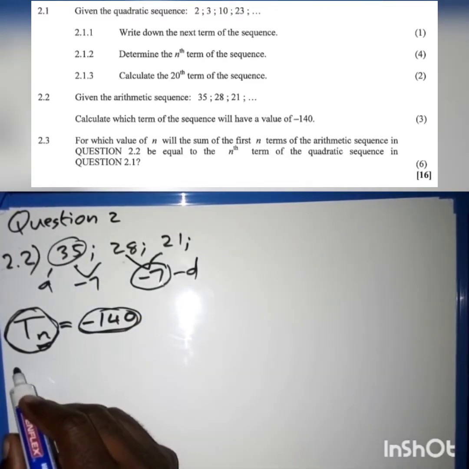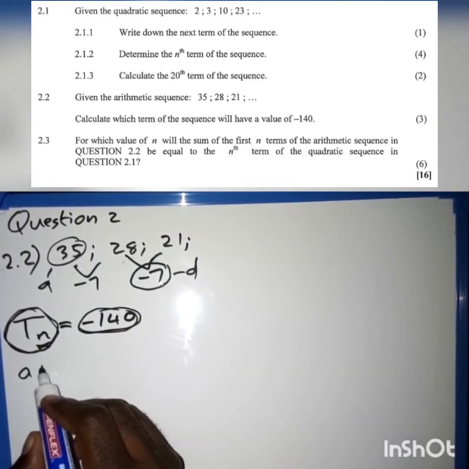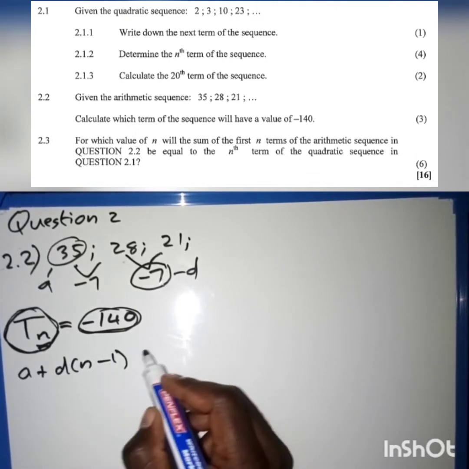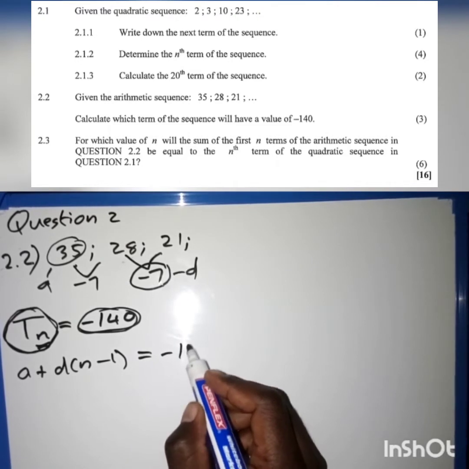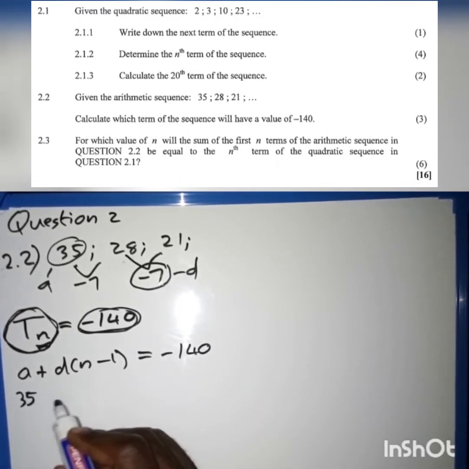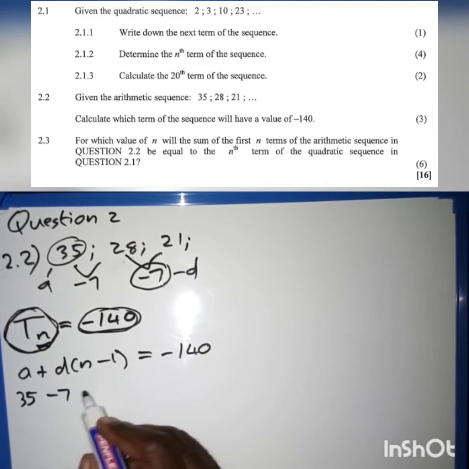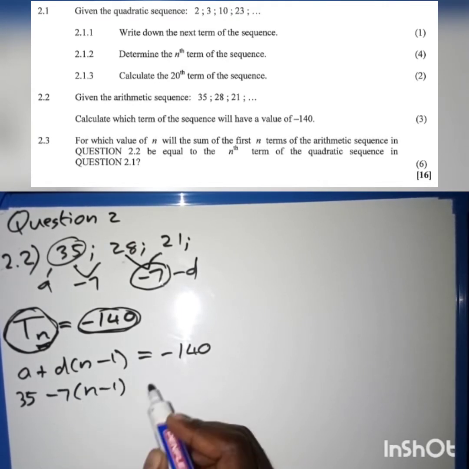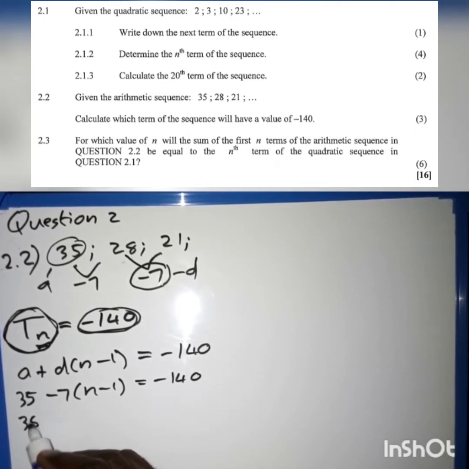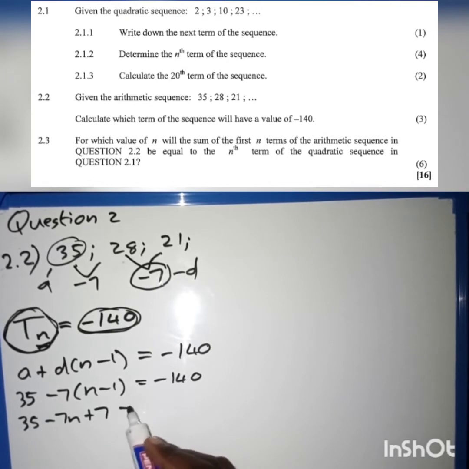So the formula is A plus D times n minus 1 will be equal to negative 140. My A is 35. My D is negative 7. And then I have n minus 1 is equal to negative 140. I solve 35 minus 7n plus 7 is equal to negative 140.